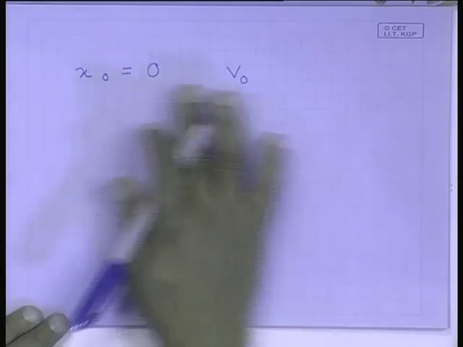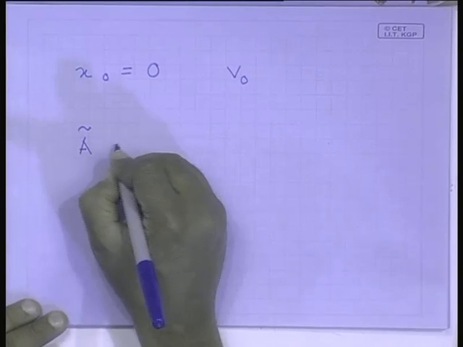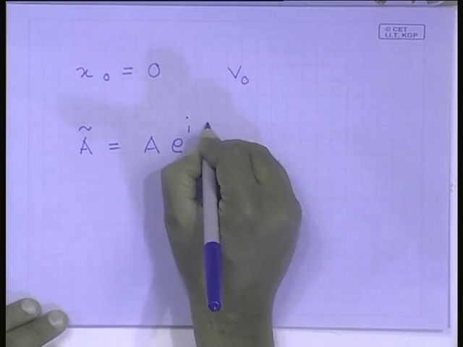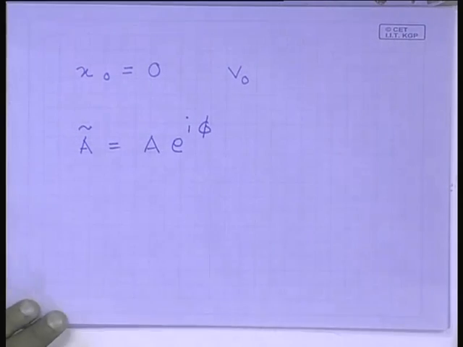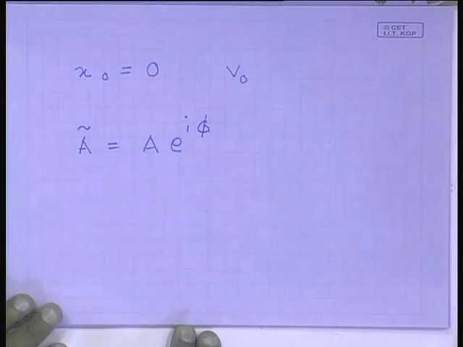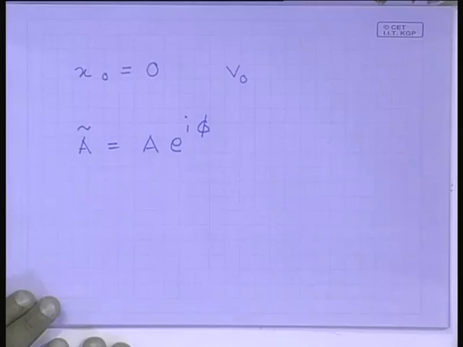So, you have to now find for these initial conditions the phase of the oscillator. The phase of the oscillator comes in the complex amplitude, which can be written as a e to the power i phi. So, the problem is you have to find the phase of the oscillator for this particular situation where the oscillator is initially at rest and it has an initial velocity v naught.